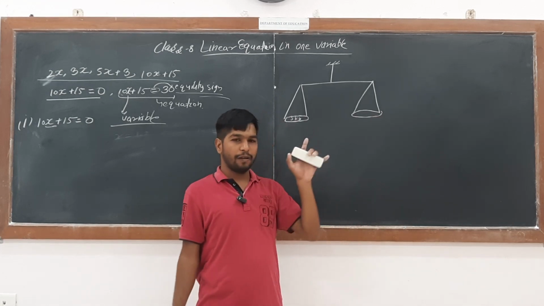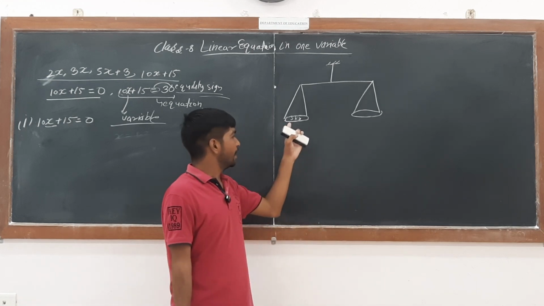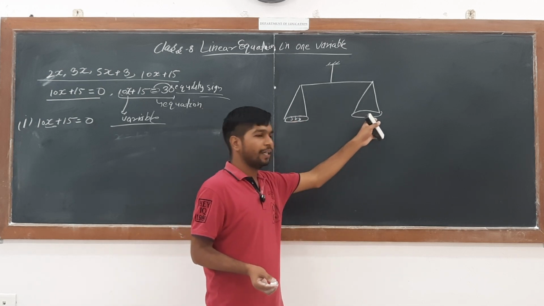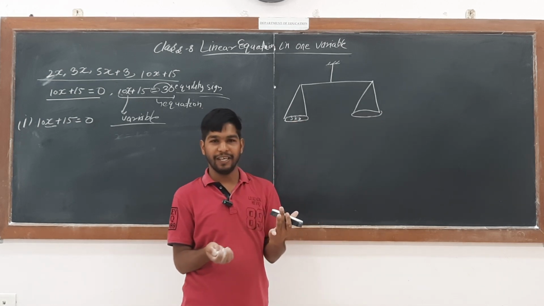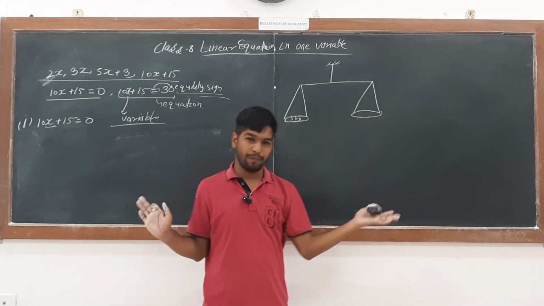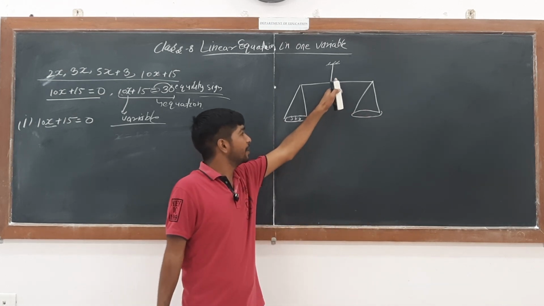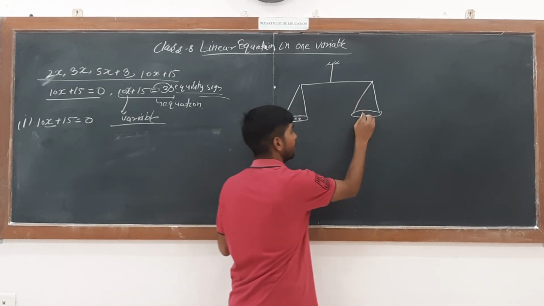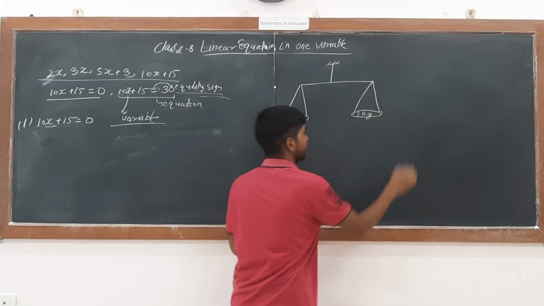If you have seen your parents use it, they keep some known weight on this side and something unknown on the other, like rice or wheat, and they keep weighing until both sides balance. Once it balances, they say it is 5 kg.